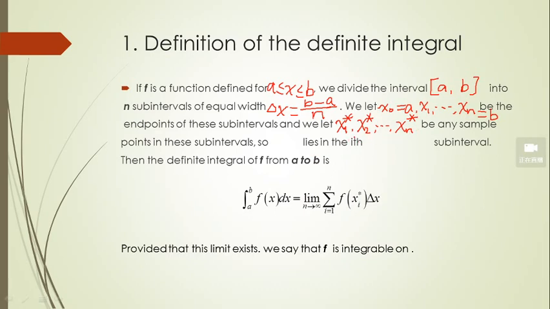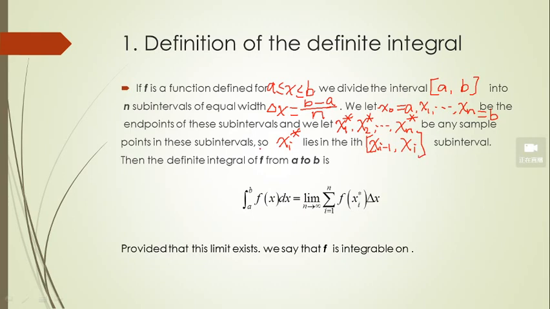For example, xi star can be any value in the i-th subinterval, including the left endpoint and the right endpoint. It can be any value we choose in the i-th subinterval. What is the i-th subinterval? x(i minus 1) to xi, right?